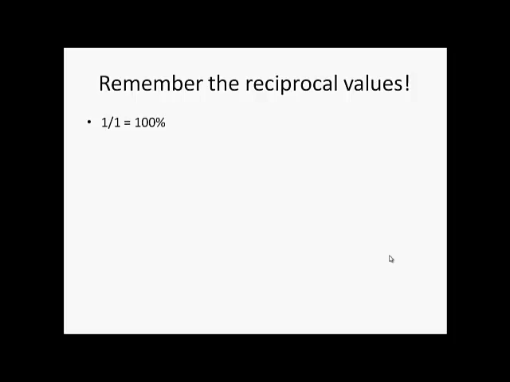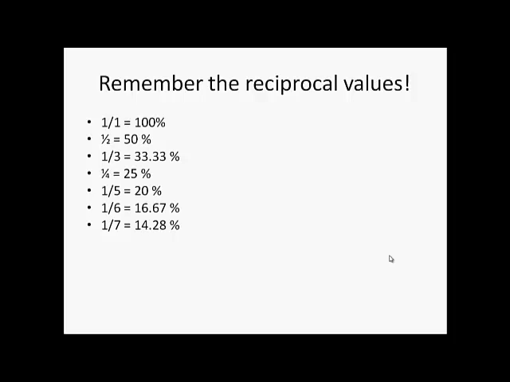Remember, the reciprocal of 1 or 1 upon 1 is 100%. 1 by 2 is 50%. 1 by 3 is 33.33%. 1 by 4 is 25%. 1 by 5 is 20%. 1 by 6 is 16.67%. 1 by 7 is 14.28%. 1 by 8 is 12.5%. 1 by 9 is 11.11%. And 1 by 10 is 10%.